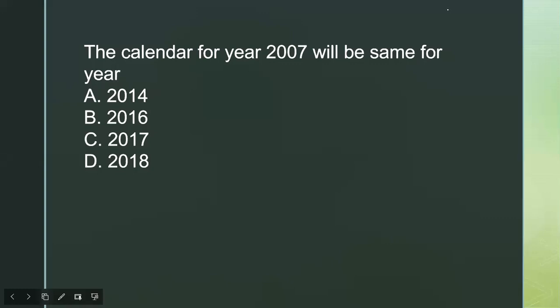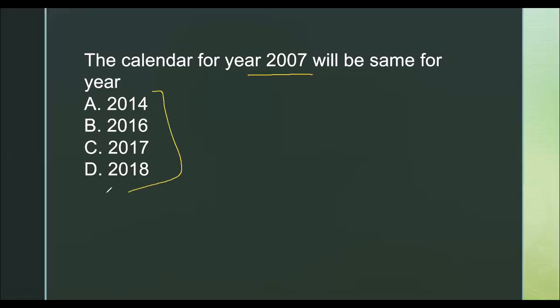Very important and very interesting: calendar questions. The calendar for 2007 will be the same for which year out of these? We have to find it out. Before solving these kind of questions, everyone must know about ordinary year. An ordinary year has 365 days, and a leap year has 366 days.